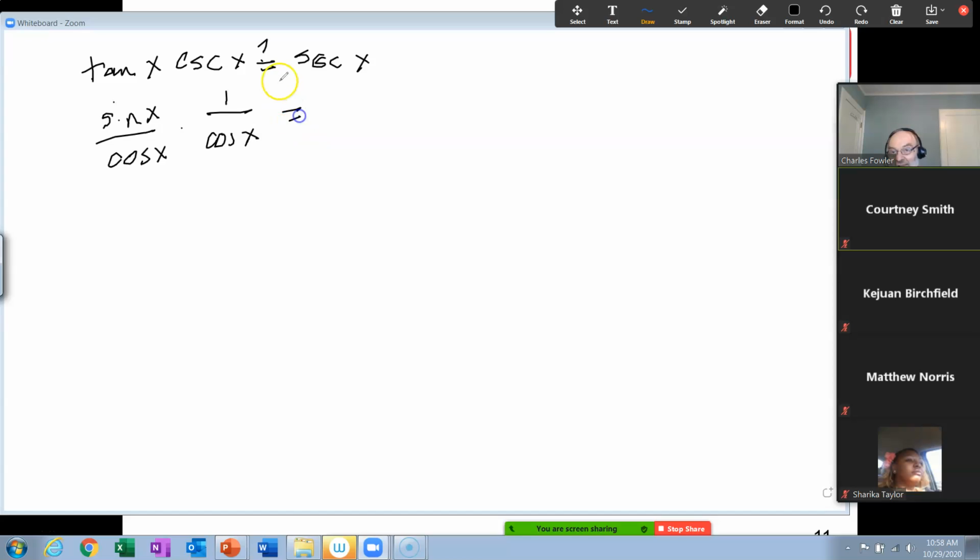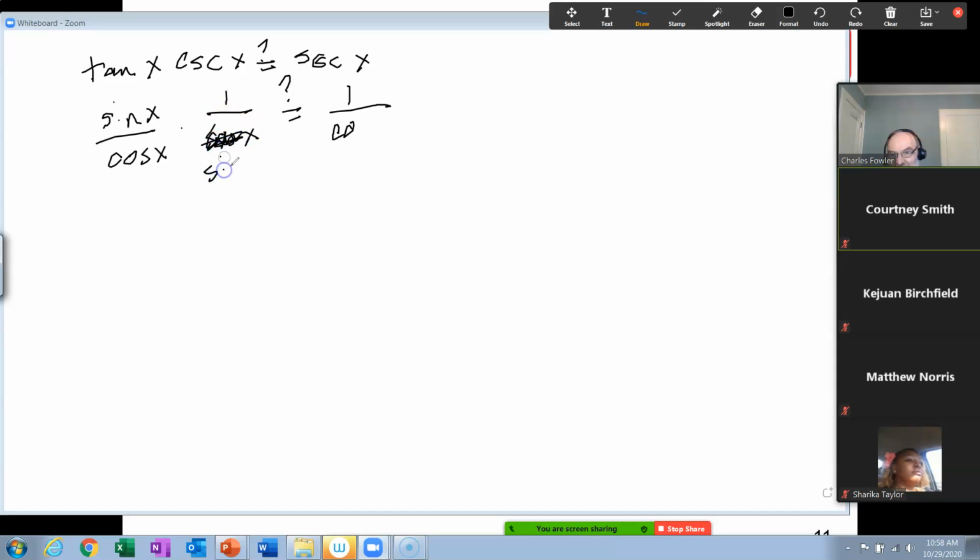Now, let's do the right-hand side. Secant x is 1 over cosine x. I'm sorry, cosecant is 1 over sine. I can't use my eraser, so let me just write this as sine x. And this is 1 over cosine x.